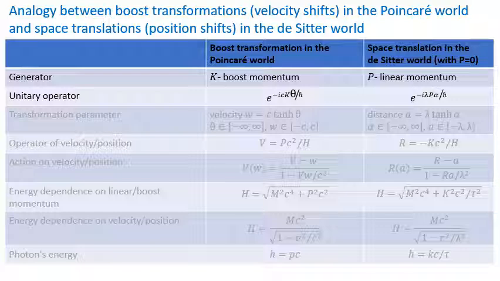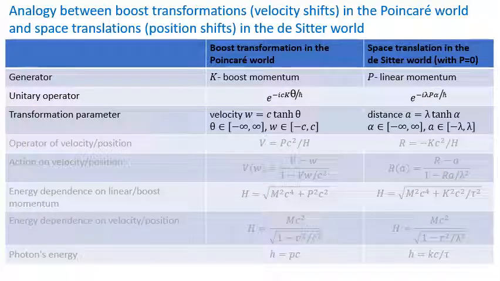Here are the Poincare boost operator and the de Sitter space translation operator. Note that in the latter case, the parameter of space translation is not distance, but a dimensionless parameter alpha, so that the distance a is lambda times hyperbolic tangent of alpha.